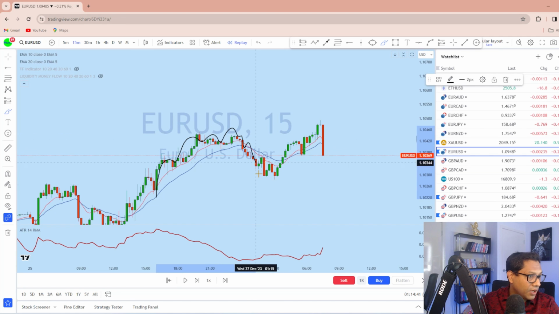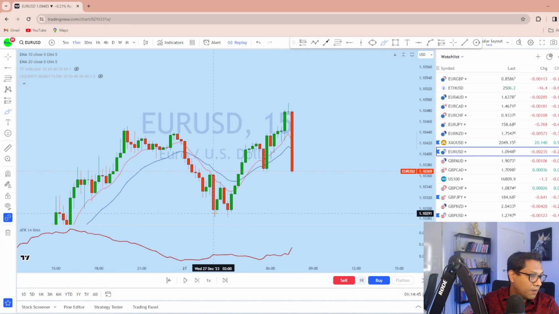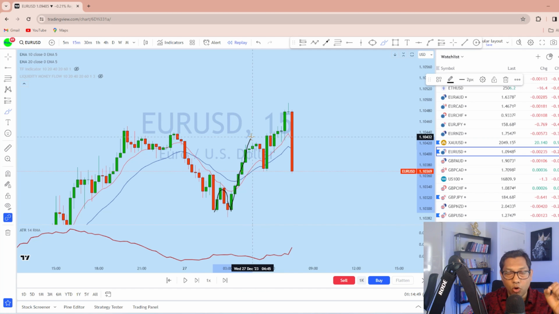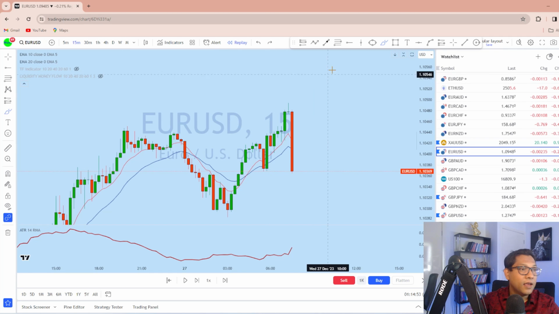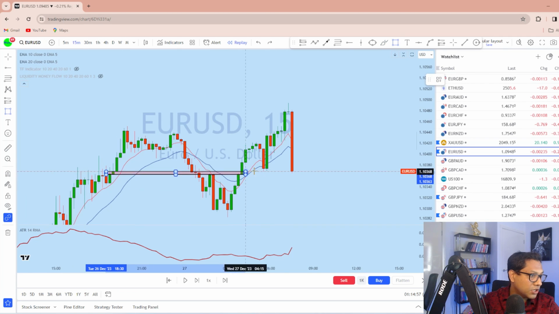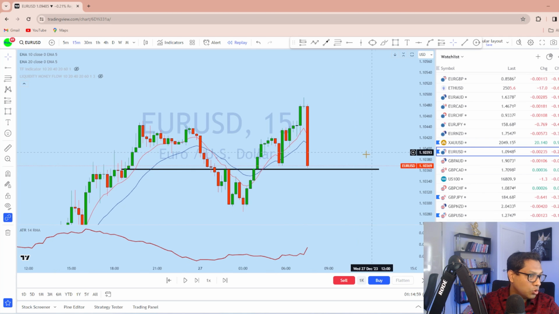For some time it just had a local breakdown, and then the market formed a double bottom, and again aggressively went up, then came down for a pullback. Now with that pullback, this is a very important key level, because if you look at the past, what do you see at this level?